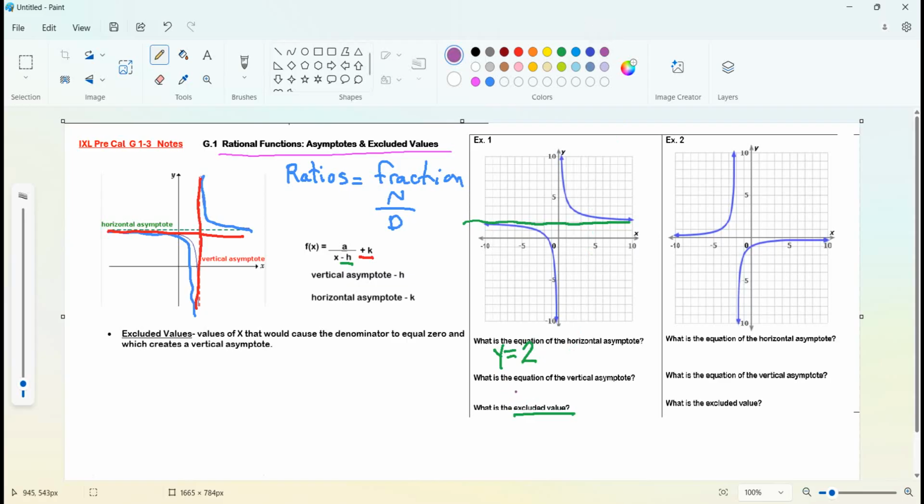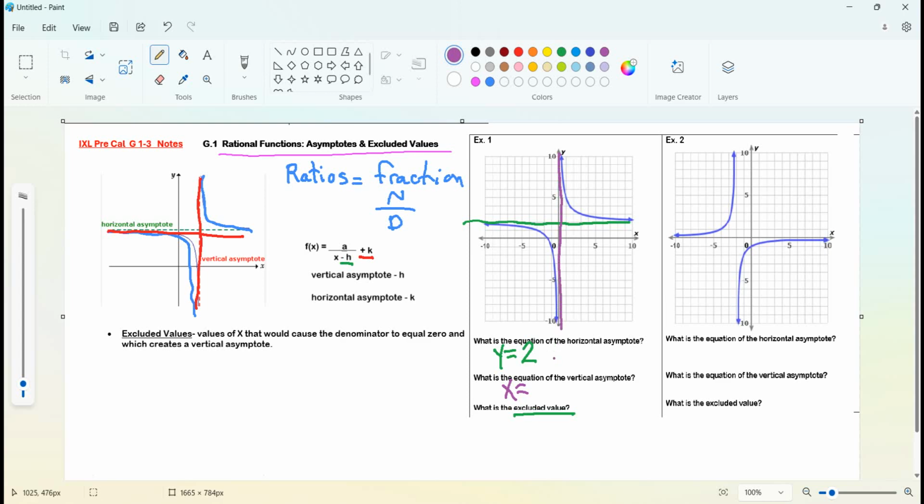Then it's going to also ask you what is the equation of the vertical asymptote. Vertical goes up and down. I'm kind of dyslexic, so I always get those mixed up. So the vertical asymptote is going to be an x value. Where does it not show up vertically here?